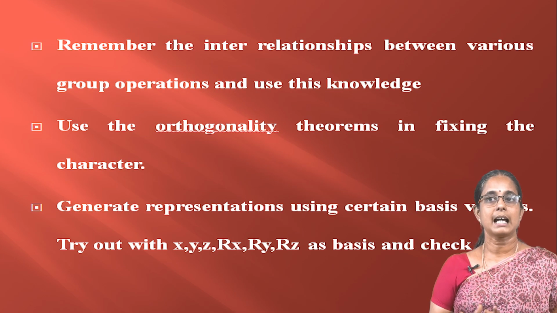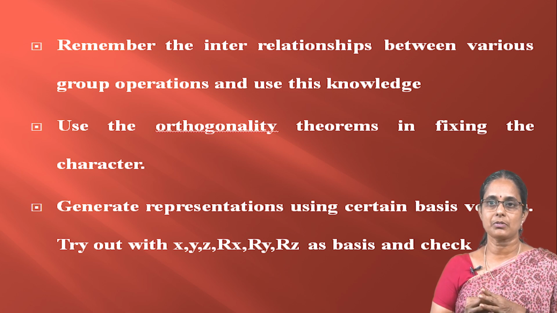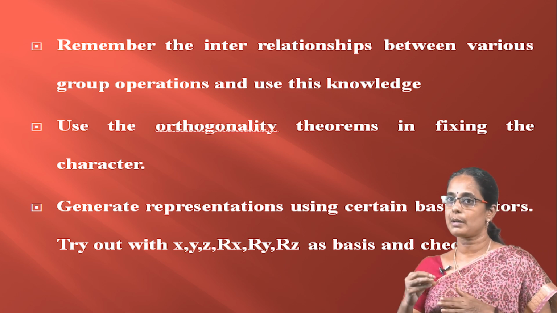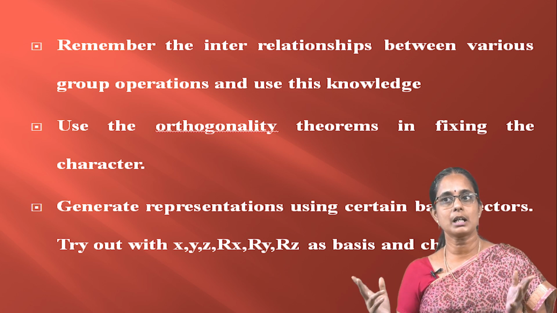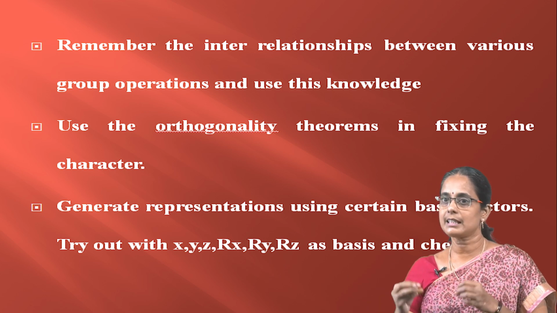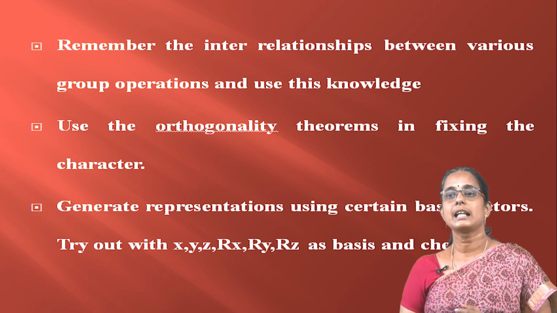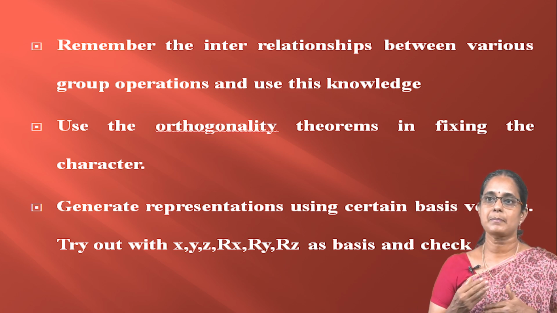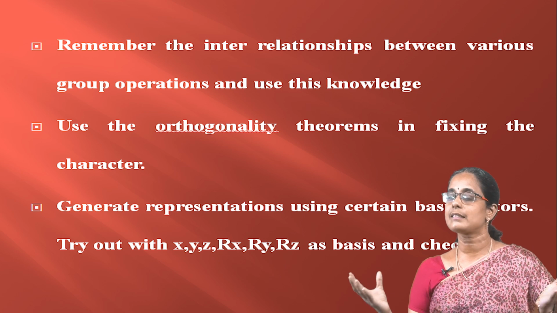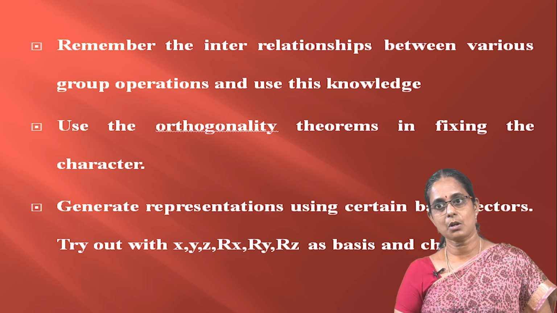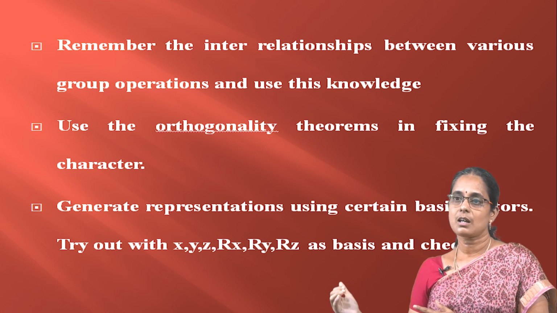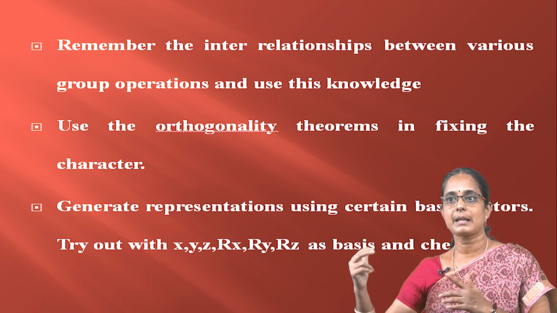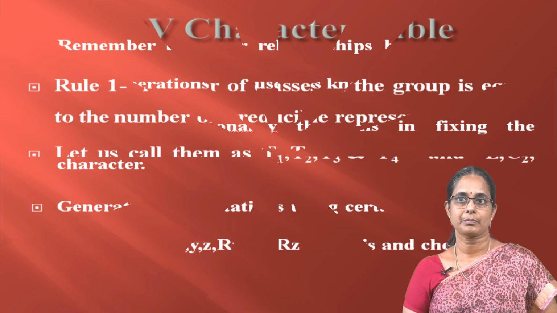Remember the interrelationship between various group operations and use this knowledge with the orthogonality theorems in fixing the characters. Then generate representations using certain basis vectors. Try out x, y, z, Rx, Ry and Rz as basis and also check it.